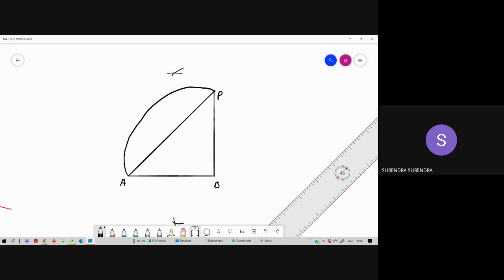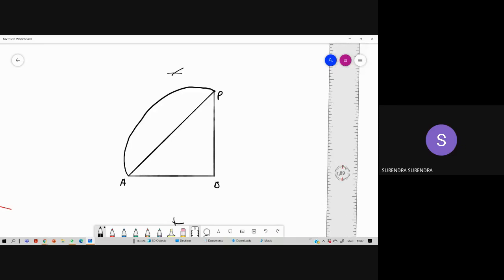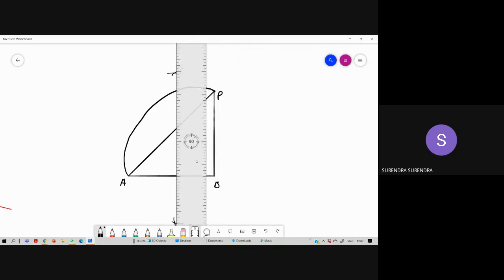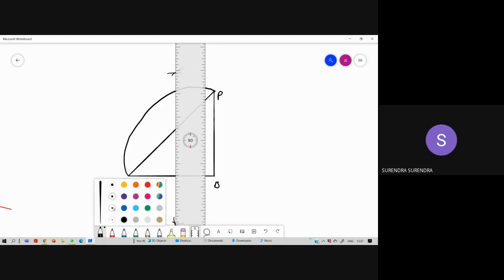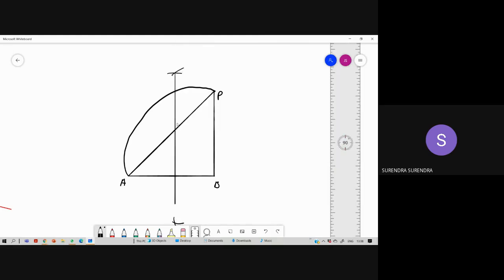If we join these two, we get a perpendicular bisector to the line AB.